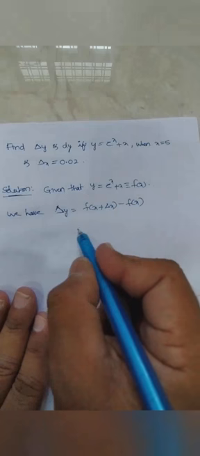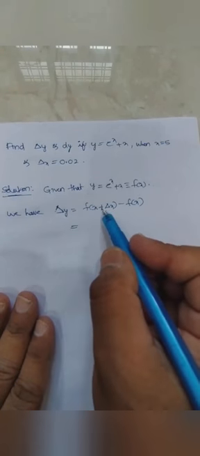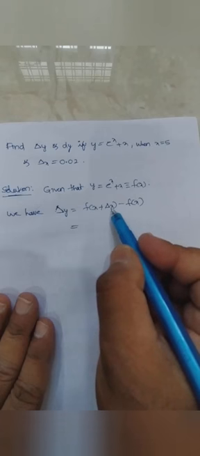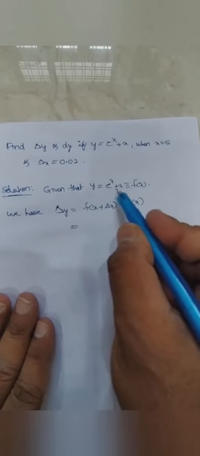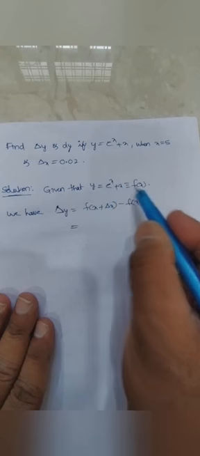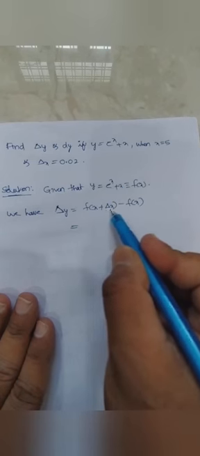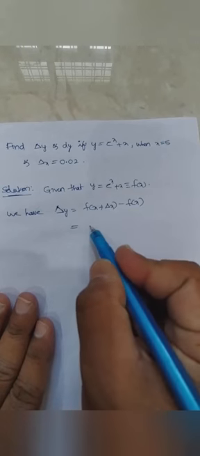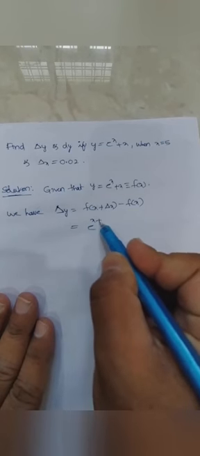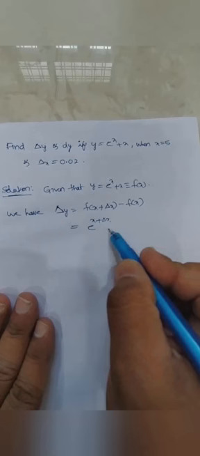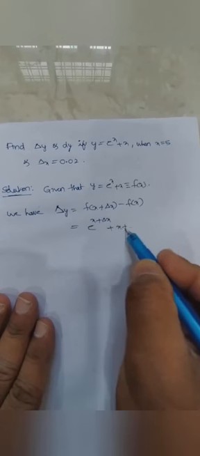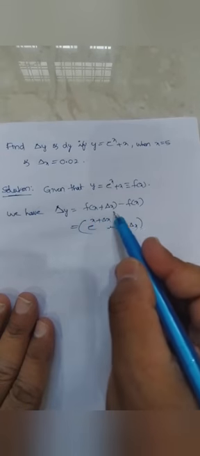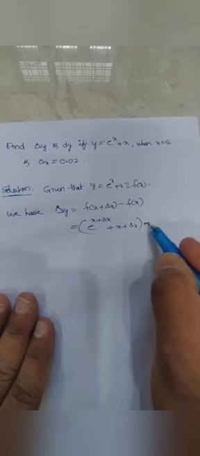In a similar manner, to get the f of x plus delta x value, wherever you find x in f of x, you have to substitute x plus delta x there. So f of x plus delta x value is e power x plus delta x plus x plus delta x.